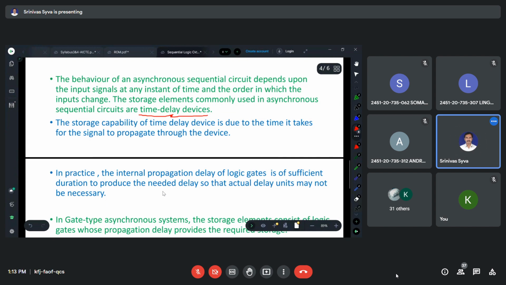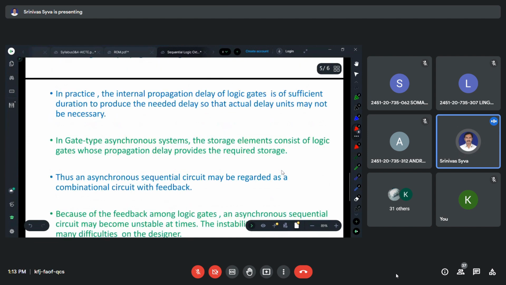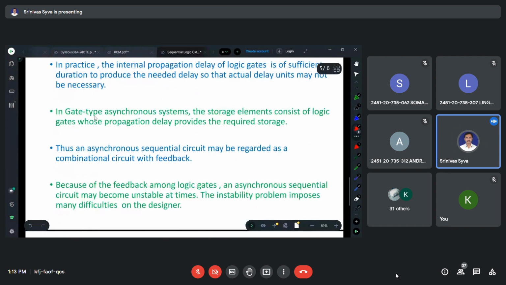In gate type asynchronous systems, the storage elements consist of logic gates whose propagation delay provides the required storage. So this is the general information. In asynchronous sequential systems, only logic gates will be used.